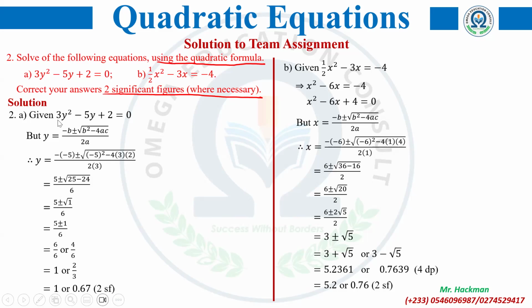So now what do we have? Given 2a, you extract the first equation. Now you can see that here you don't think about factorization. The question is specific as to the method to use. So because this is in y, you quote your quadratic formula in y. Some of you used x. Immediately you quote it in x, you are doomed, unless you write, let x be equal to y or y be equal to x.